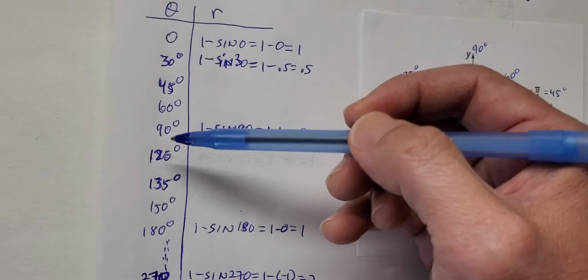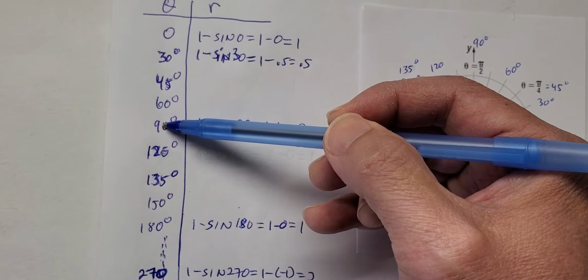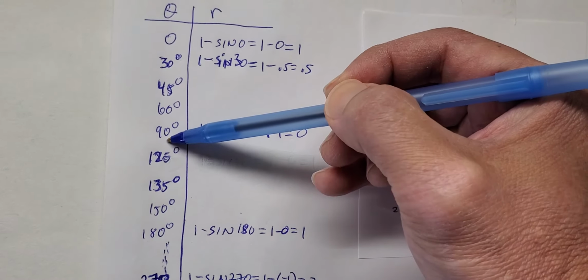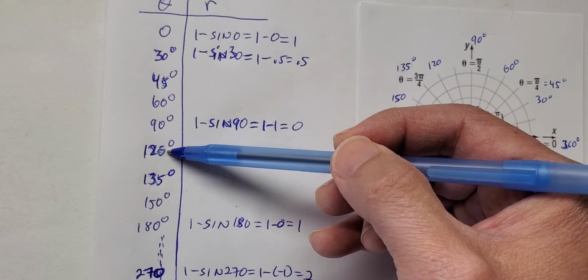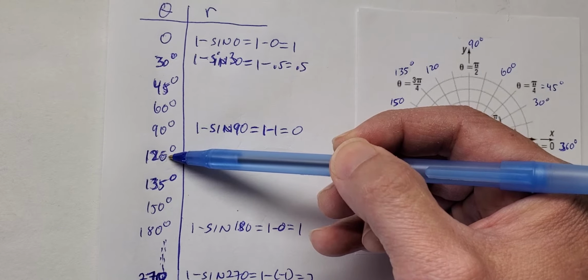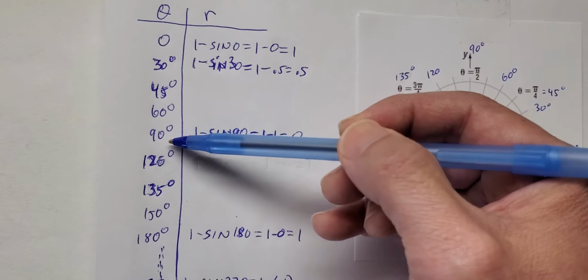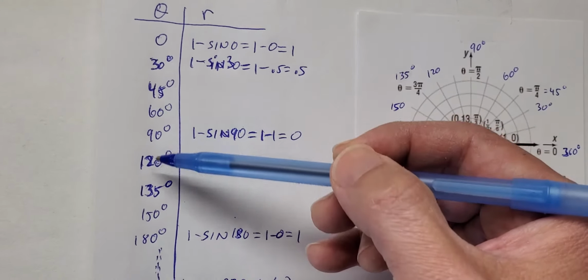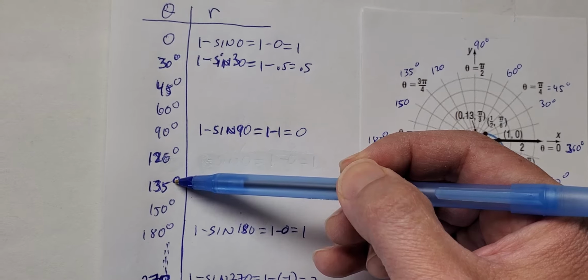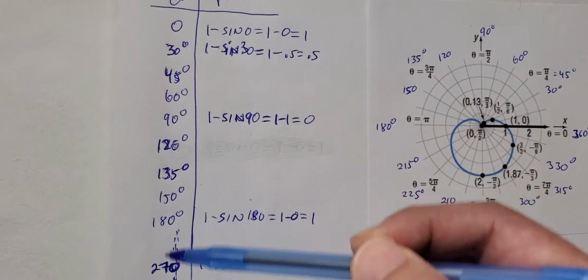Again, where did I get the 120, 135, 150? 90 plus 30 gives me 120. 90 plus 45 gives me 135, and then 90 plus 60 gives me 150, and so on all the way down.